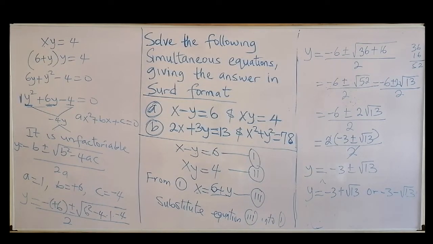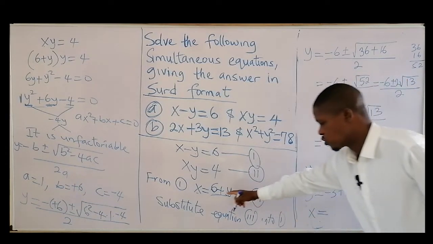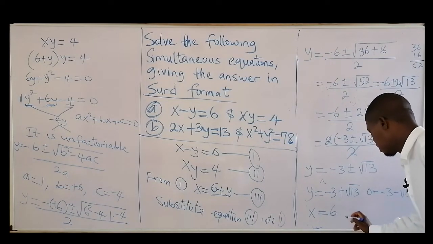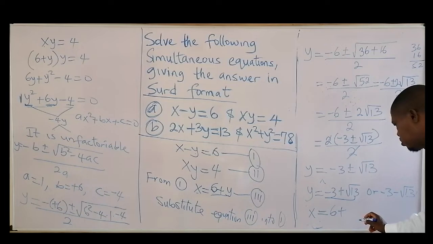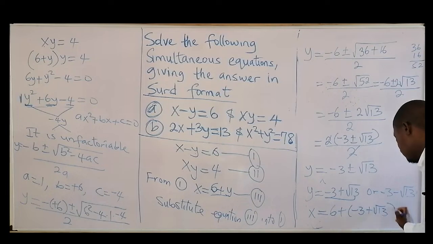Let's get the respective value for x, using this equation for x. That will be equal to 6 plus, let's take the first one, this value here, minus 3 plus root 13.